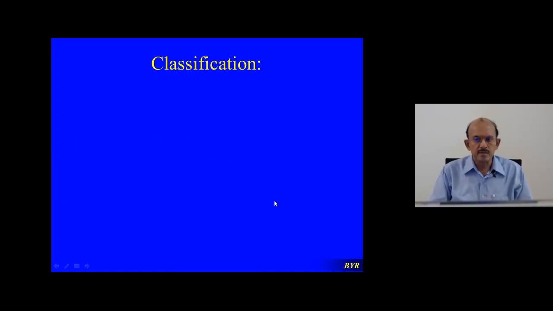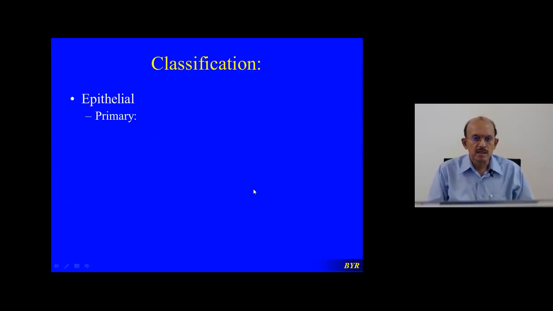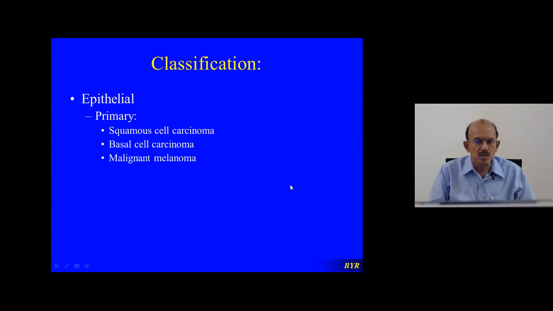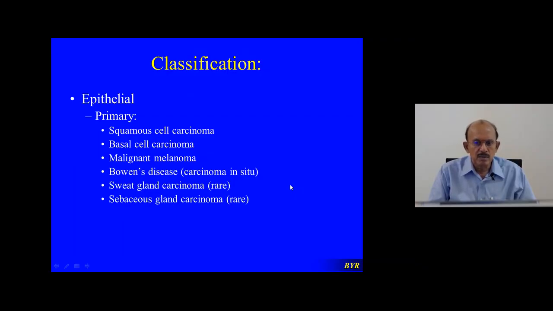Malignant lesions of the skin are classified as epithelial and mesenchymal. Epithelial lesions, primary: squamous cell carcinoma, basal cell carcinoma, malignant melanoma, Bowen's disease, sweat gland carcinoma, sebaceous gland carcinoma, Merkel cell tumor.